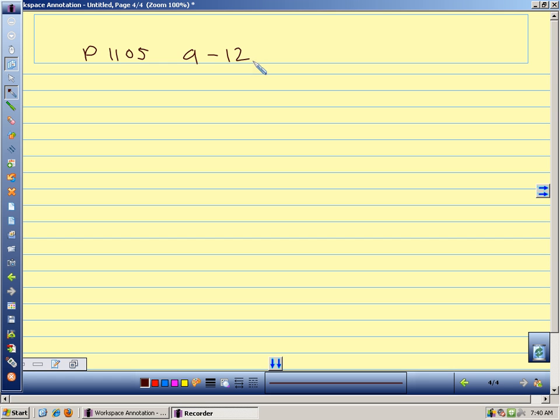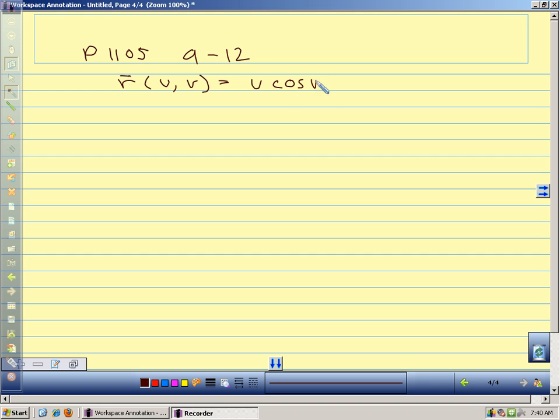We have a given equation: r of u and v equals u cosine v i plus u sine v j plus u squared k. And we want to see how the equations that they give us vary from this given equation.